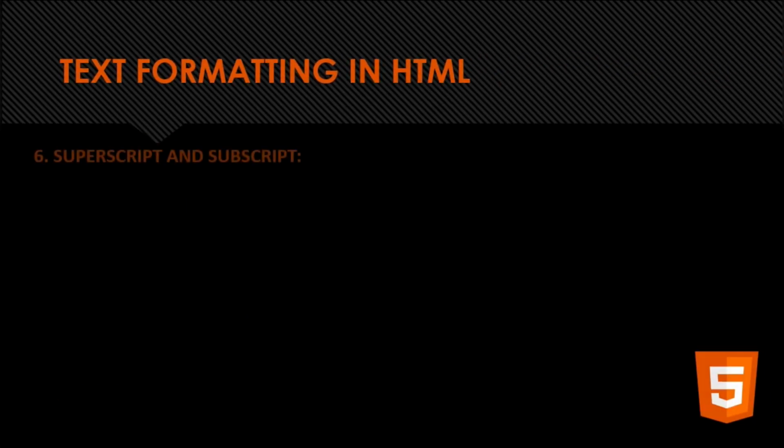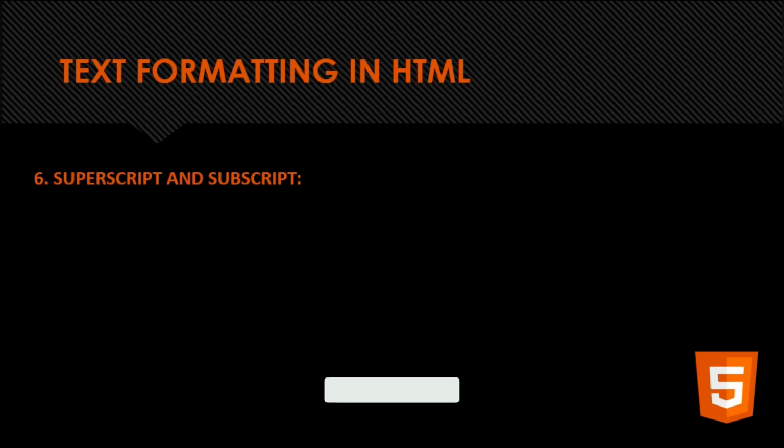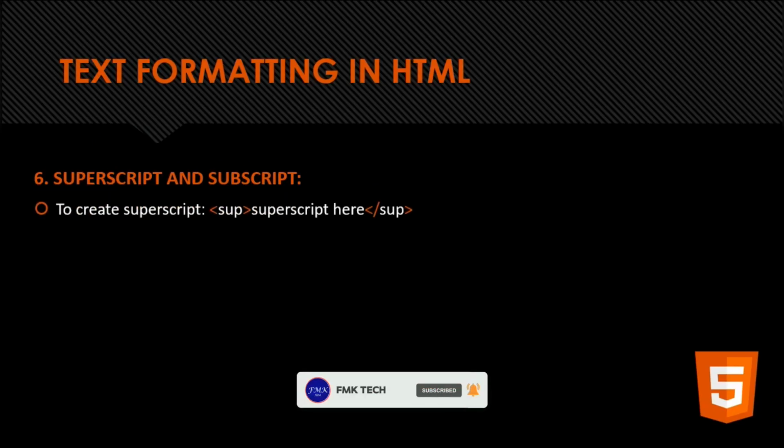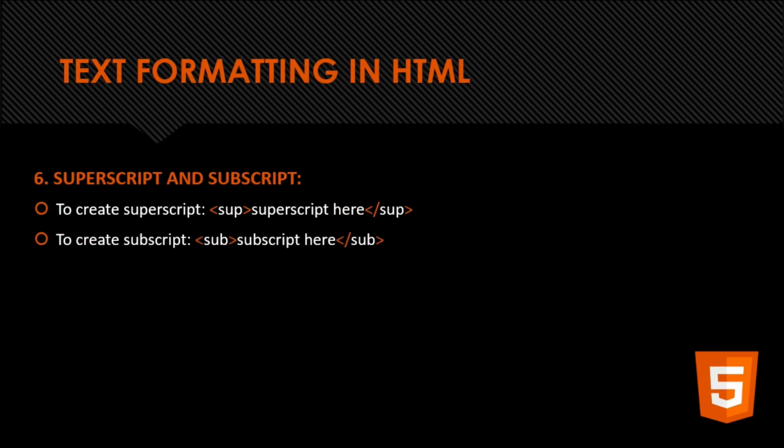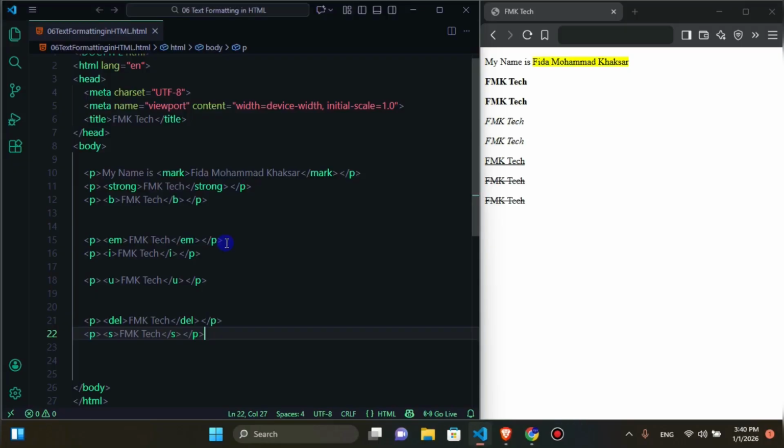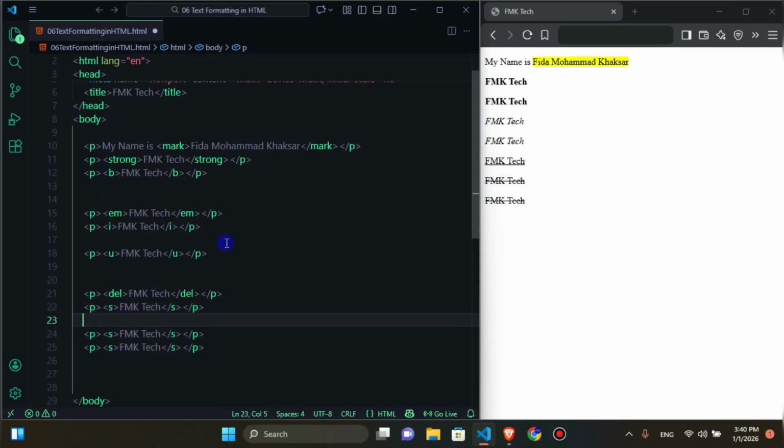And we have got another formatting tag about subscript or superscript. If you want a text to be in subscript or superscript, we can use these two tags, SUP for superscript and SUB for subscript. I'll just show you here with an example.